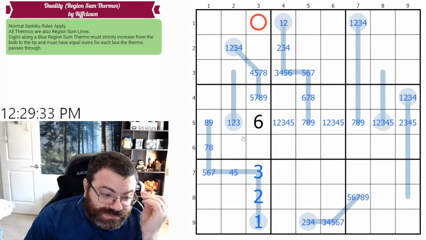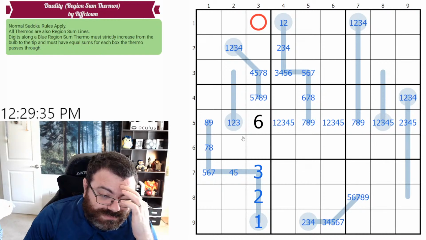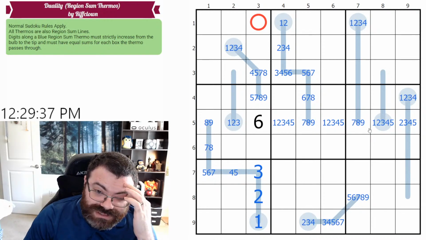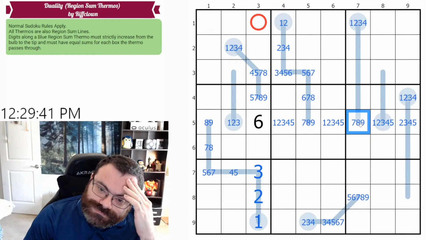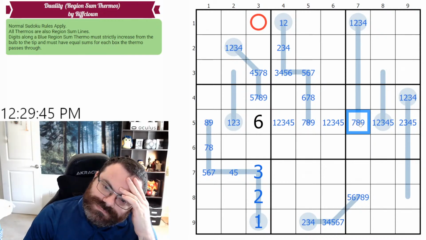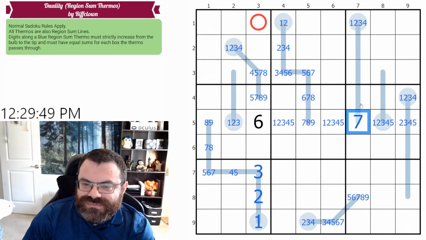Ice Cube saw that too. 5, column 7. True. If this were 7, well, hold on.